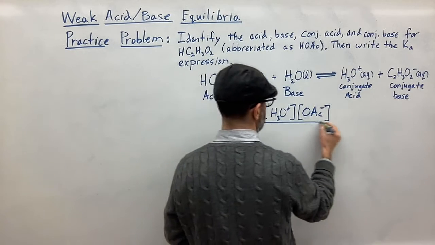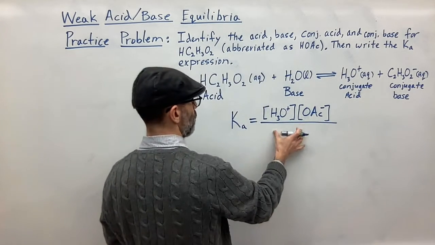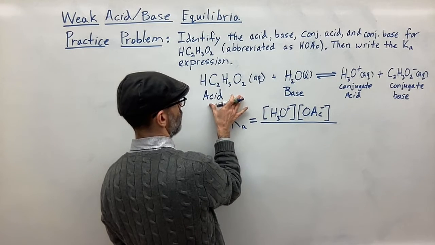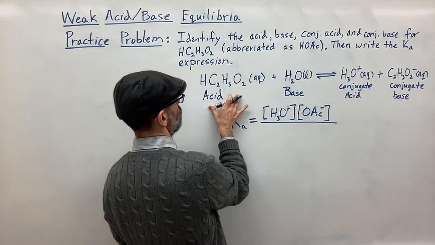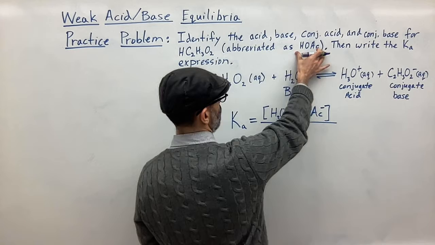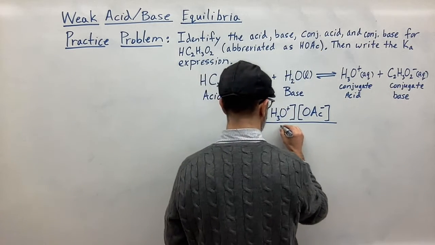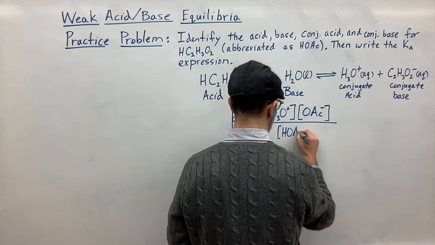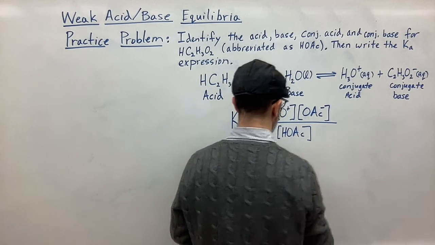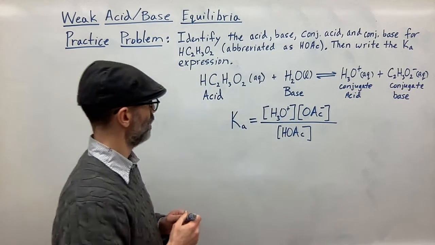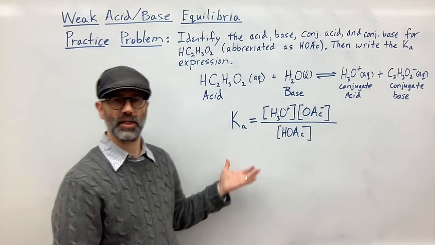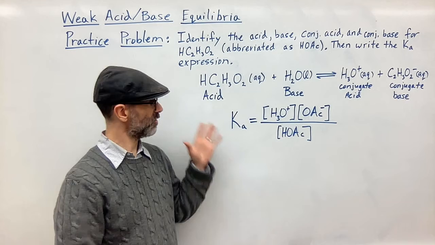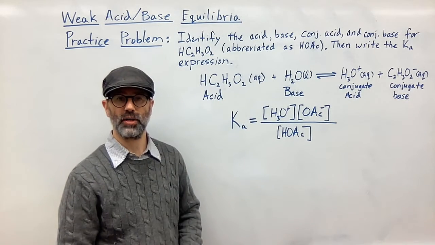And then on the bottom is the complete unionized acid. So that's going to be abbreviated HOAc. So that's the concentration of HOAc. And so this is the equilibrium expression for this acid in water.